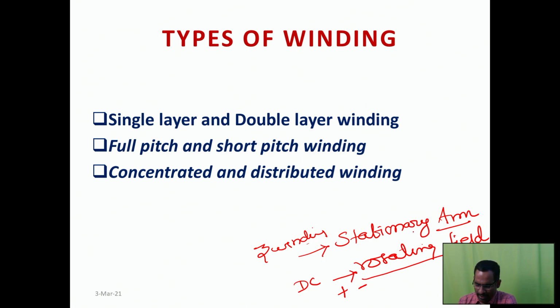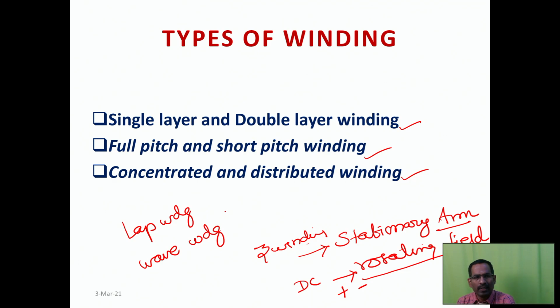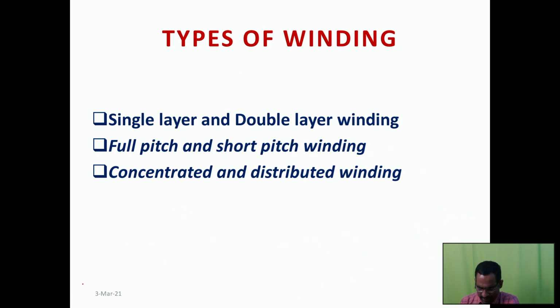I have explained there are different types of windings. If it is a DC generator or a DC machine, we have only two types of winding: one is called lap winding, another is called wave winding. But now it is not a DC generator, here we are using an AC generator. For this AC generator, in the stator we have a number of slots.